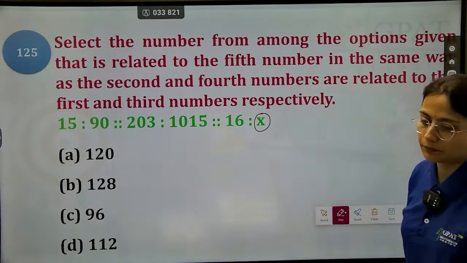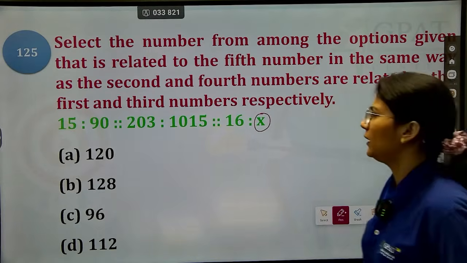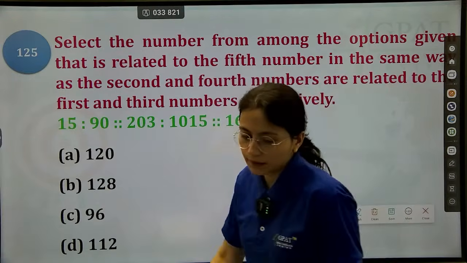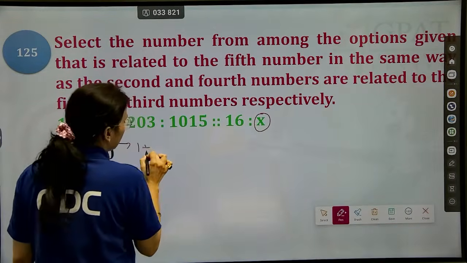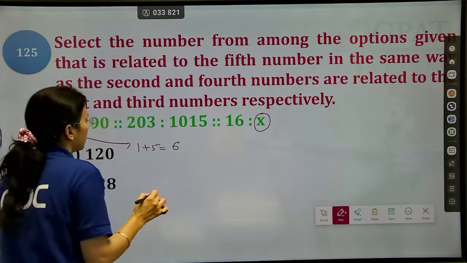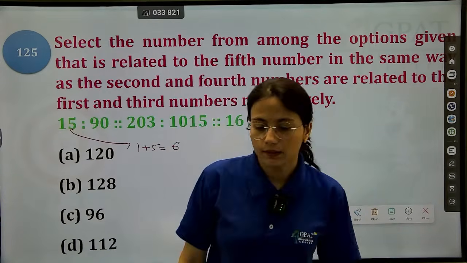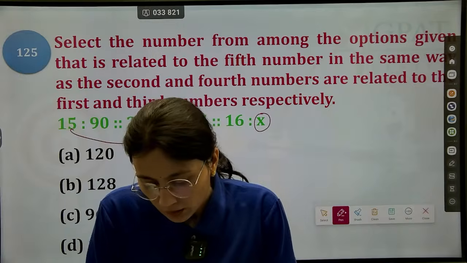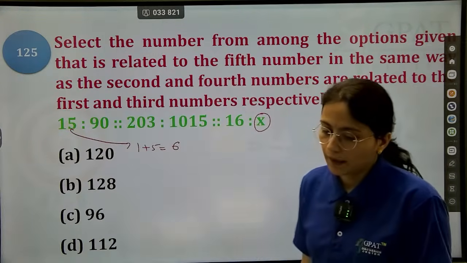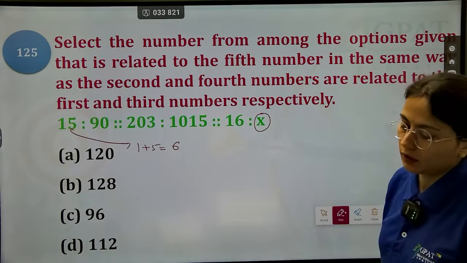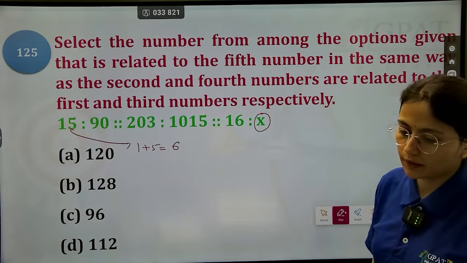If you see 15 ratio 90, 1 plus 5 is equal to 6, so if you multiply 15 by 6, you get 90.